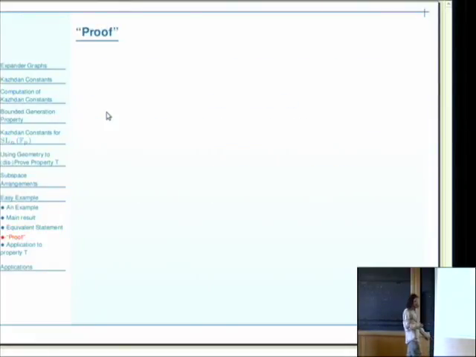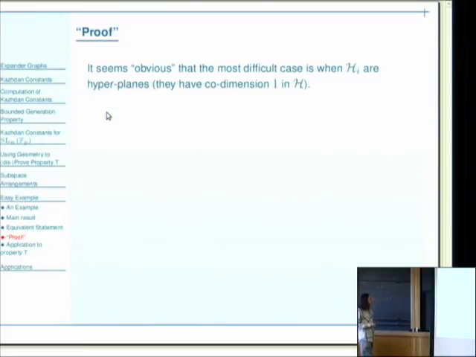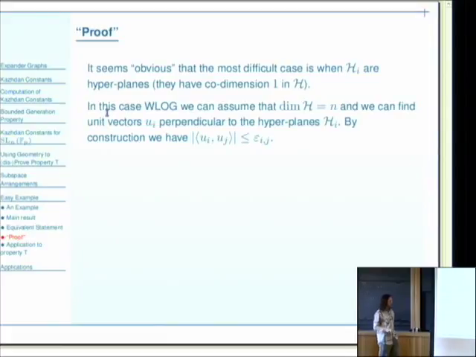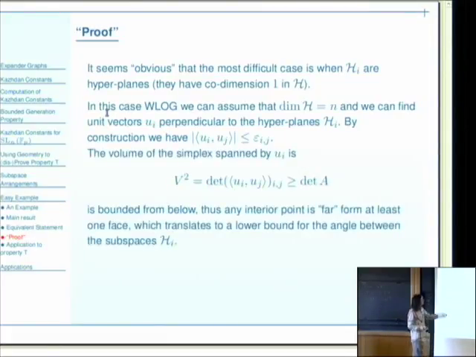Okay, I'm going to cheat with the proof because I'm lazy. The first observation is that there is a worst case, and there is an obvious candidate for it: when you have hyperplanes in some n-dimensional space. What's going on then? You can replace each hyperplane by its normal vector and take the angles between the normal vectors.